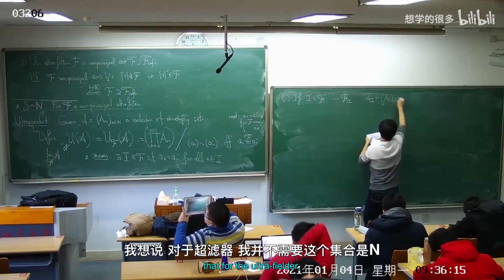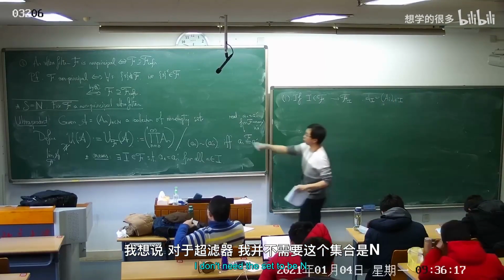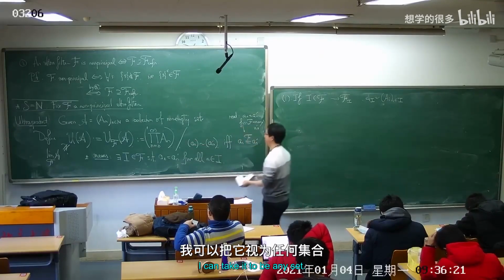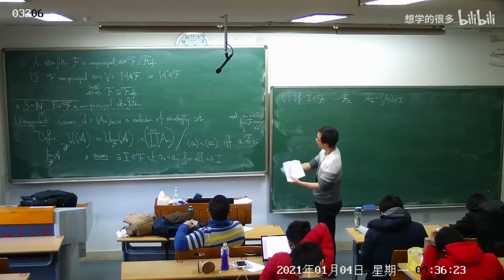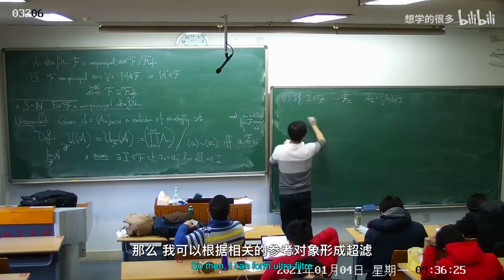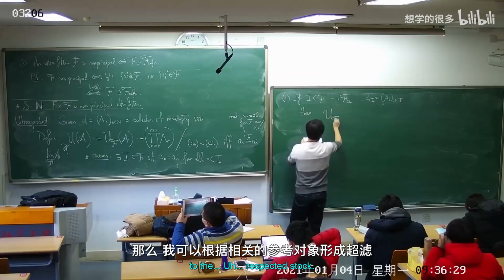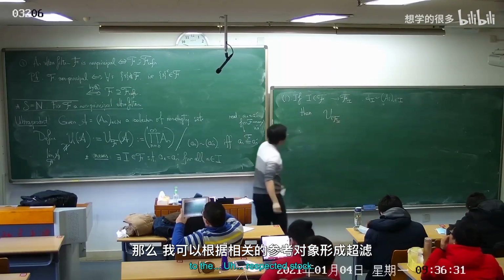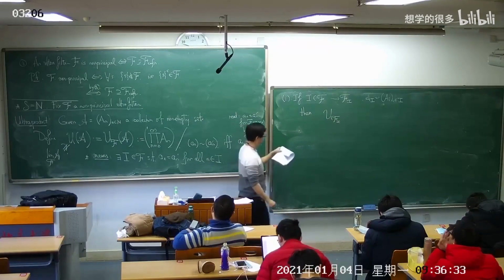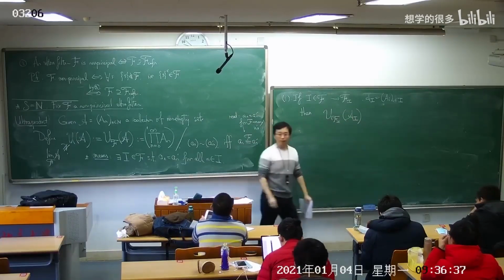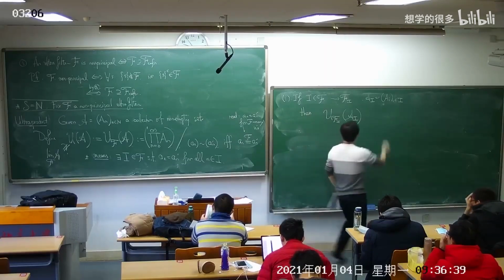I should say that for the ultra product, I don't need the set to be N. I can take it to be any set. Then I can form the ultra product with respect to this sub-collection A_i, and that's the same thing as the ultra product of the whole collection.